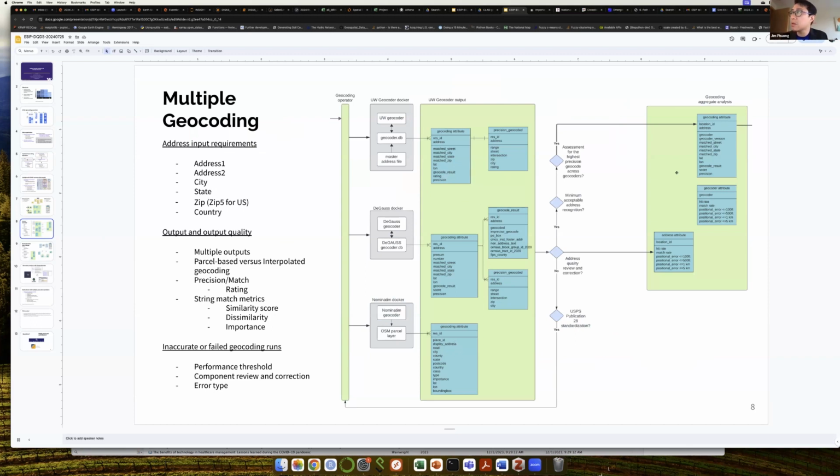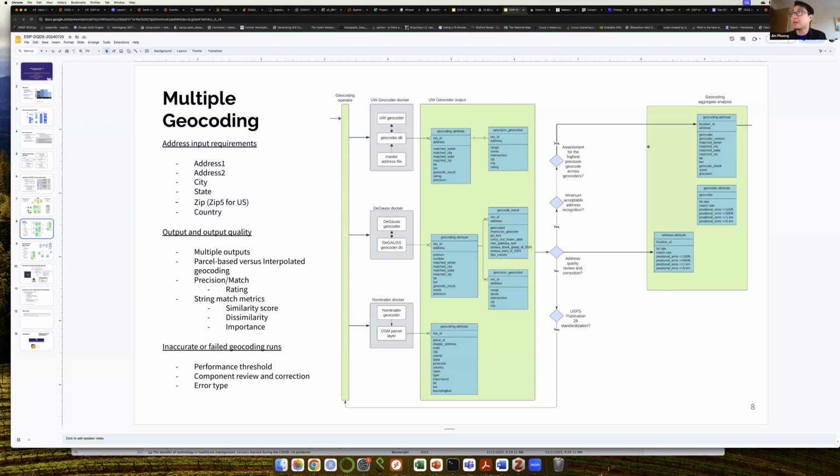of 3 different geocoders. I know some sites might have more, but they might have to make a best guess, like which one is actually the closest to ground truth. I might say the parcel-based geocoding is the hardest to understand because sometimes in a single address, you can have multiple parcels overlaid, and they might be there for different reasons. But if you have interpolation-based matches, sometimes the address is a 100% match, and that's great.